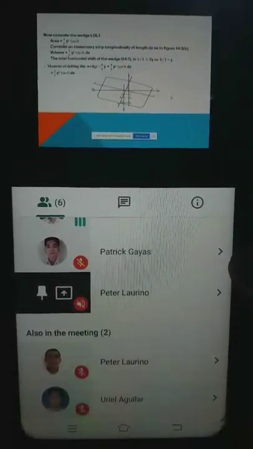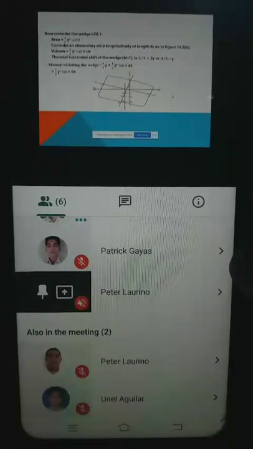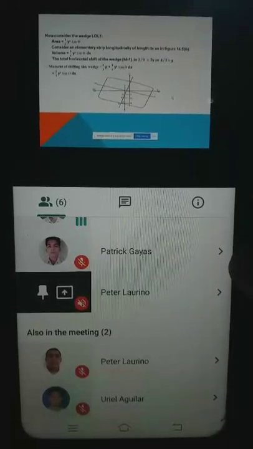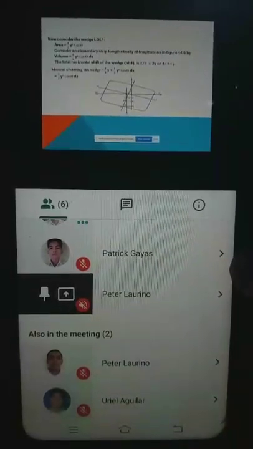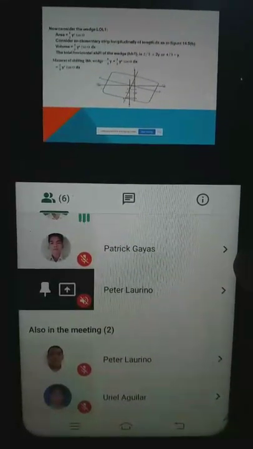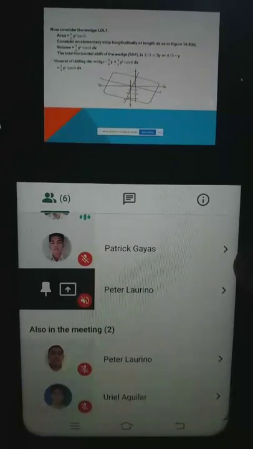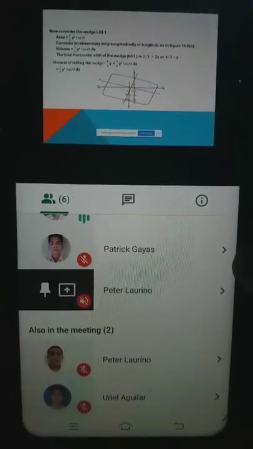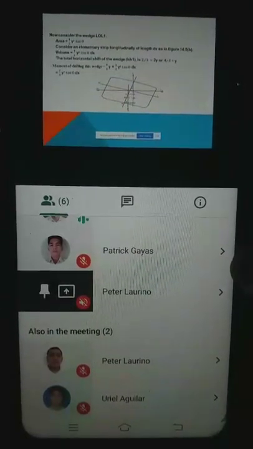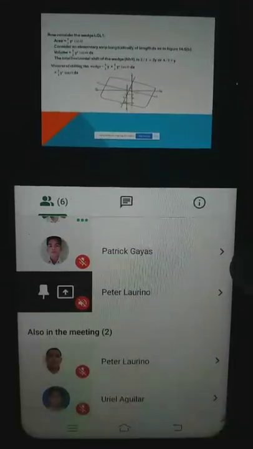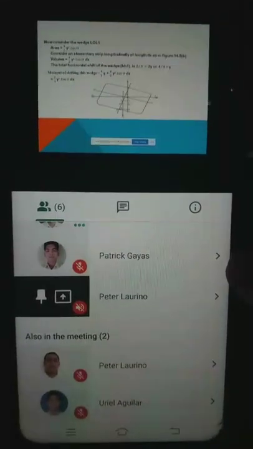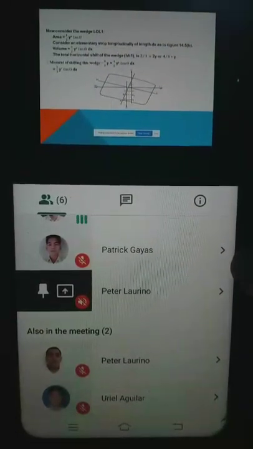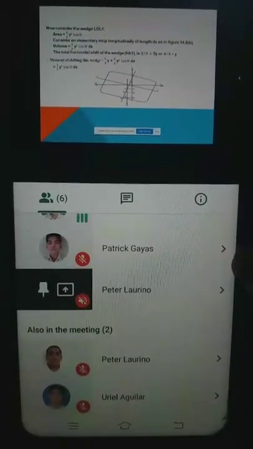The total horizontal shift of the wedge HH1 is 2/3 times 2y, or 4/3 times y. Moment of shifting this wedge equals 4/3 y times 1/2 y squared tan theta dx, which is equal to 2/3 y cubed tan theta dx.